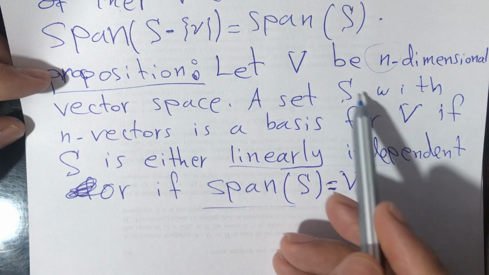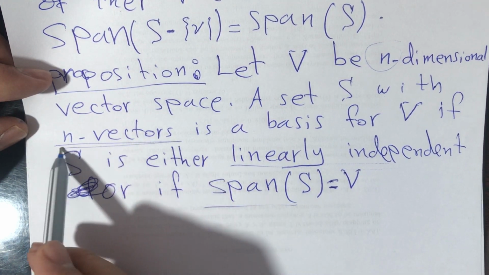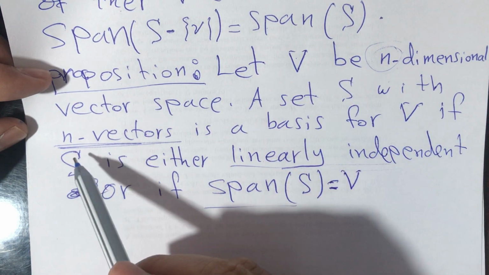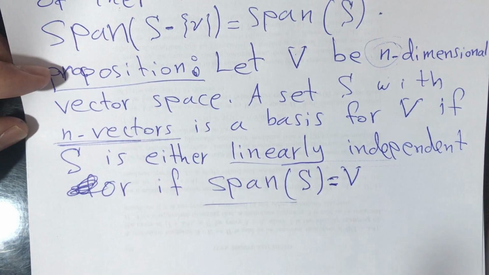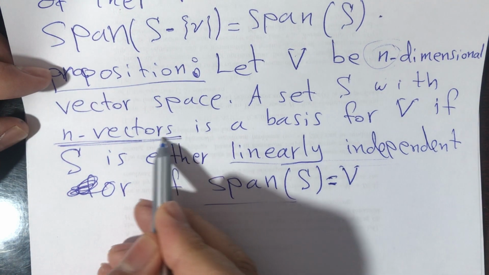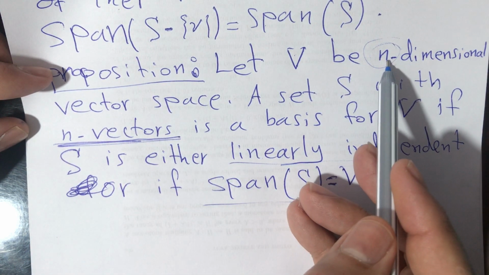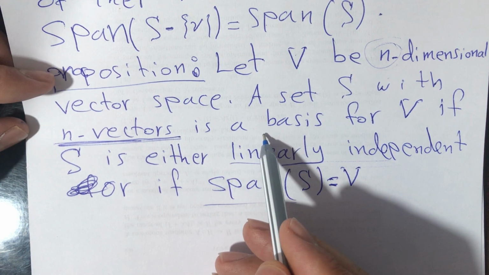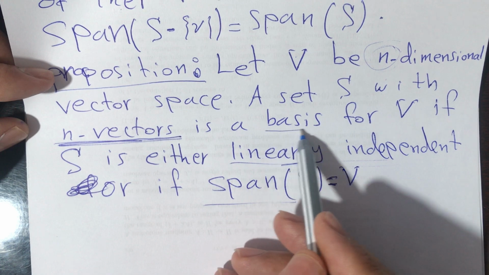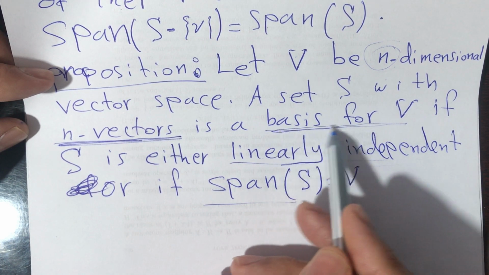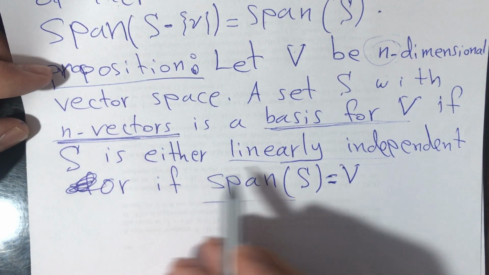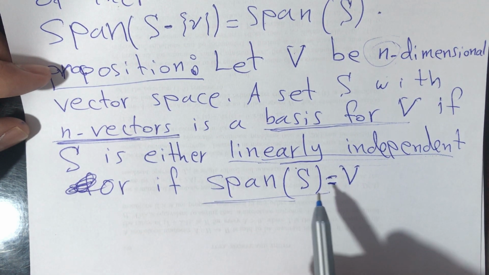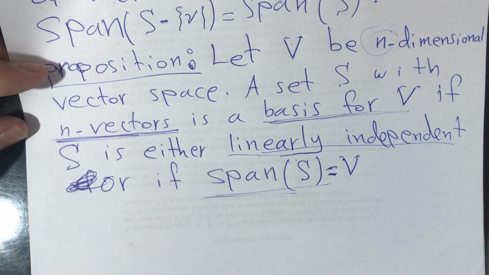A set S with n vectors has the same size as the dimension of V. If 2, this is 2 vectors. If 3, this is 3 vectors, and so on. If this set has the same size as the dimension of V, then this set will be a basis for V if S is either linearly independent or span S is equal to V. That means we need to satisfy just one condition.